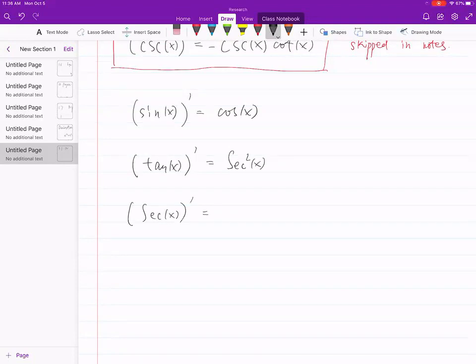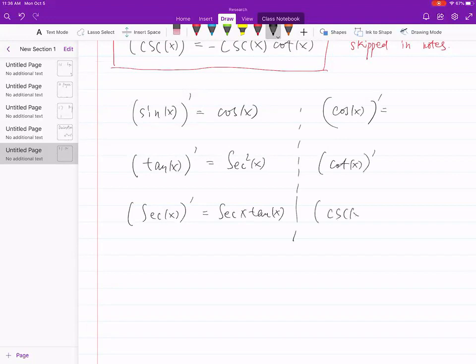Especially if you finish the first column, you should really be able to guess what's going to be the next column. Negative, if this is cosine, I'm going to use sine.